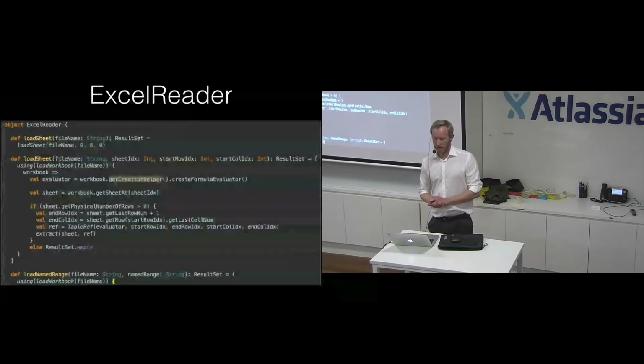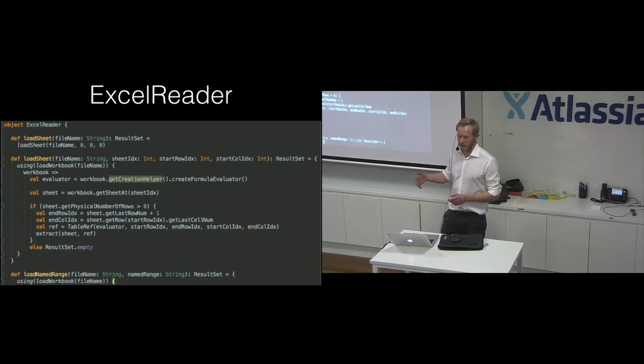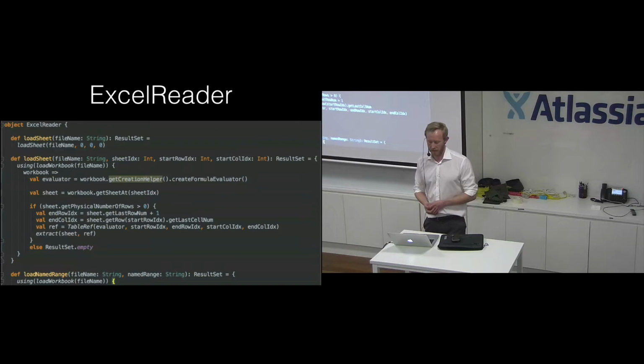So here's our Excel reader, just a sample of it. When I wrote all of this stuff, I put it all up on GitHub. So there's code there if you do want to take a look, and the Excel stuff's there as well, and everything else.